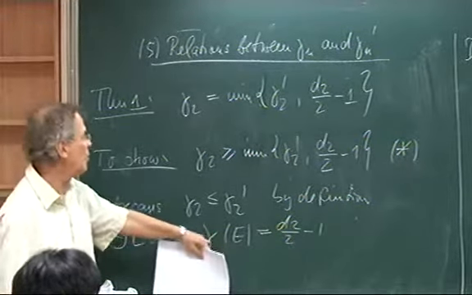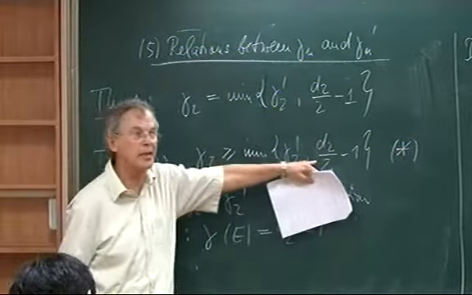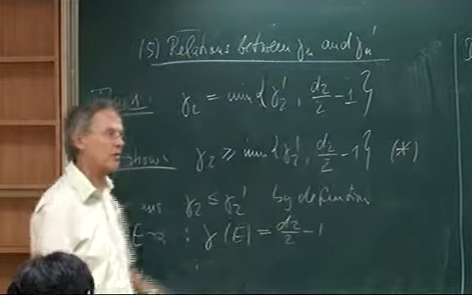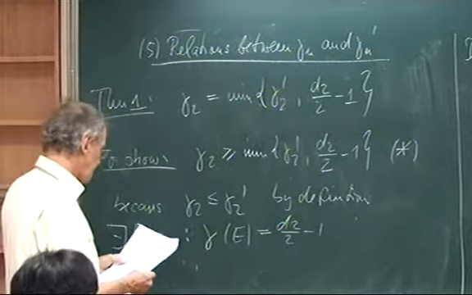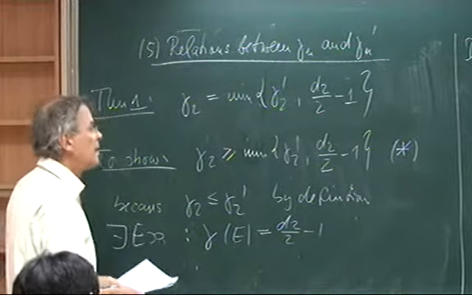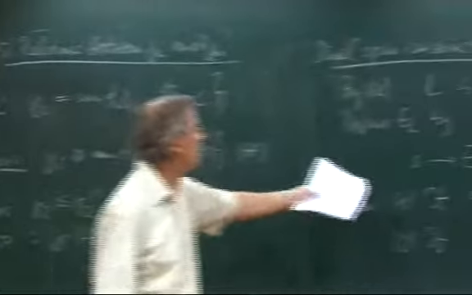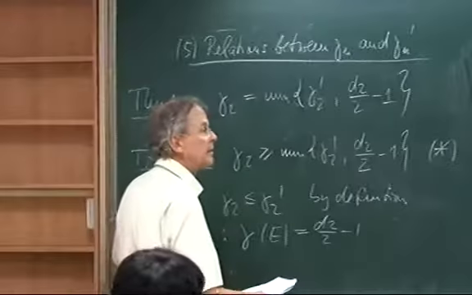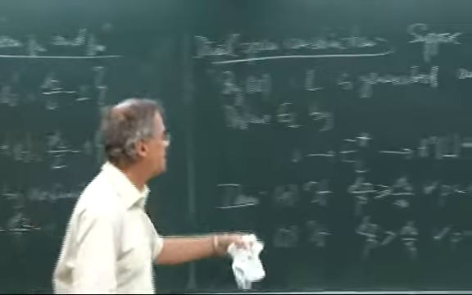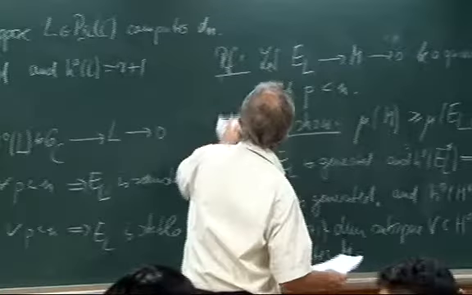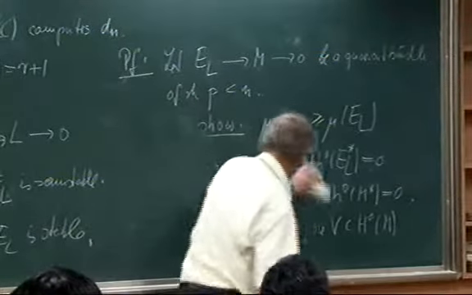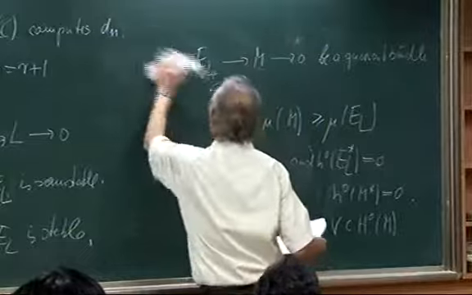That's enough. Then we know already that gamma 2 is greater or equal to the minimum, I mean, greater or equal to this number. Okay? To see this, we use this theorem here. Actually, let me leave this theorem and make the proof here.